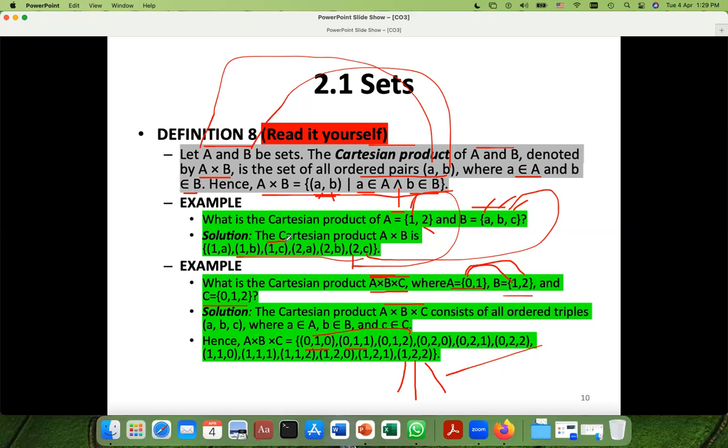For example, if you calculate A cross B first, and then whatever the answer, you then do B cross C, it is not a triple, it is a pair with two values. That is wrong, because here you have three values in each unit.